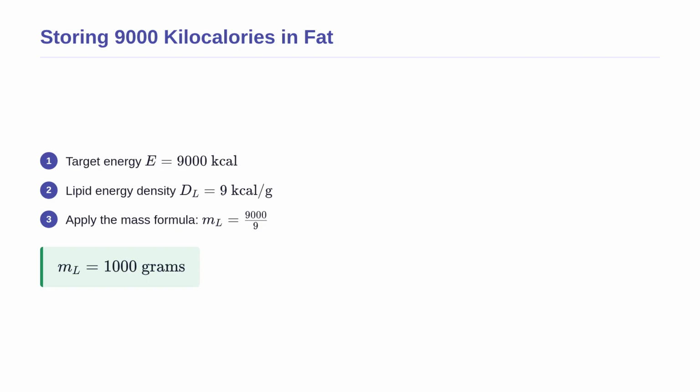By dividing the total energy by the energy density, we find that exactly 1,000 grams, or 1 kilogram, of pure fat is required to store this massive amount of energy. Because fat is hydrophobic, no extra water weight is added to this total. It is incredibly compact.